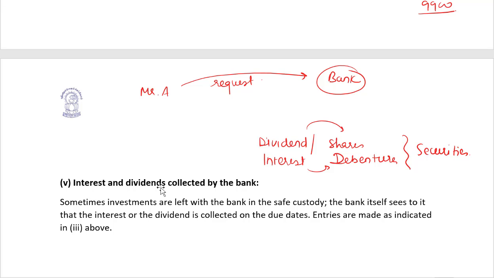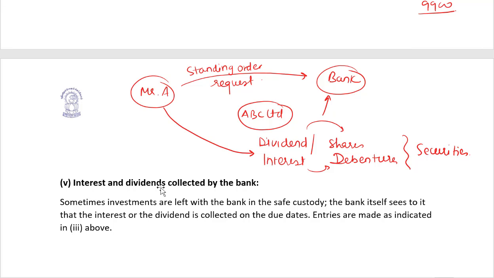So Mr. A has given a standing order or standing request to the bank to collect dividend and interest, and Mr. A has given the bank details to the company. This is, say for example, ABC Limited. When ABC Limited declared dividend, ABC Limited deposited the dividend directly to the bank. Mr. A did not have this information.